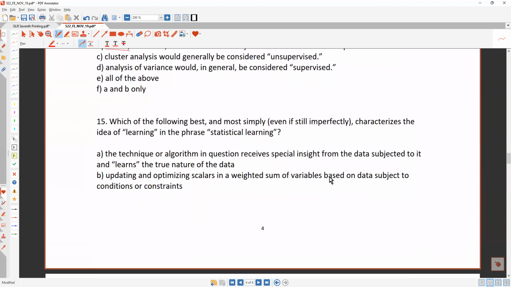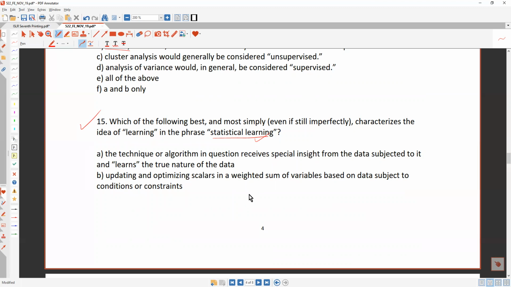This question here, what's the best way of characterizing this thing called statistical learning? So remember at the beginning of the course, we wanted to answer that question, what is learning? What is machine learning? What are these ideas about? Well, the title of the book is called Statistical Learning.